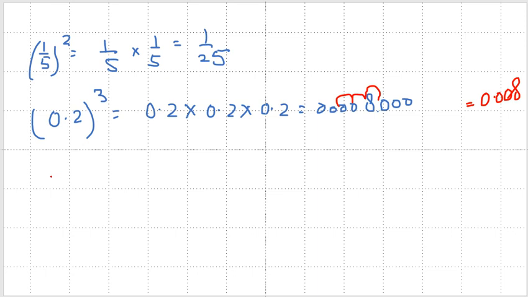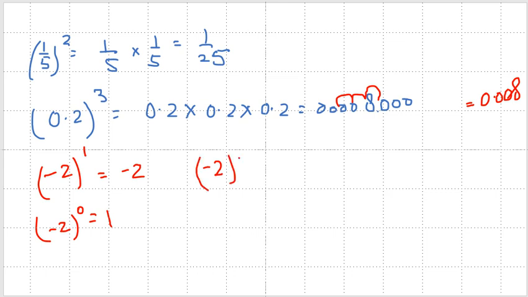Finally, it could be a negative number. Negative 2 to the power 1 is negative 2. And by the way, negative 2 to the power 0 is 1. Negative 2 to the power 2 equals negative 2 times negative 2, which becomes positive 4.